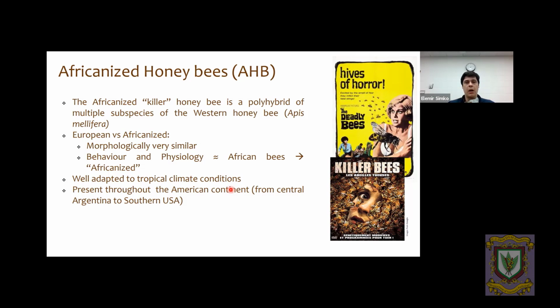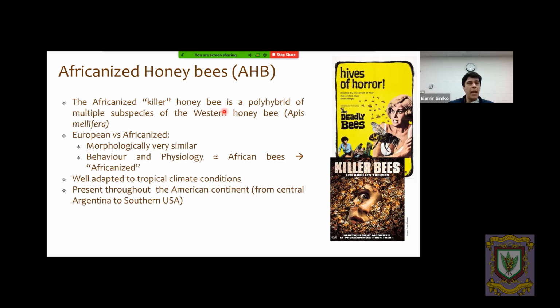I will go into details in the next slide, but what we need to understand here is that this is basically the same species. European honeybees and Africanized honeybees are the same species, and they have a lot of morphological similarities. It's really hard to tell them apart just by looking.